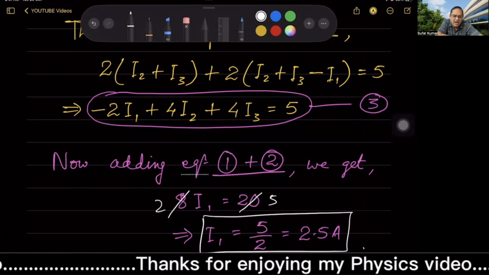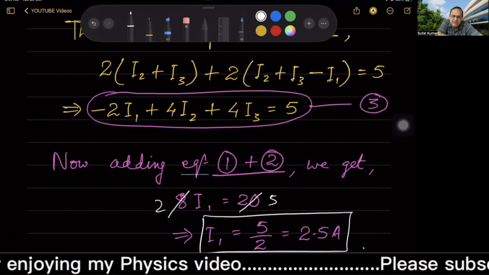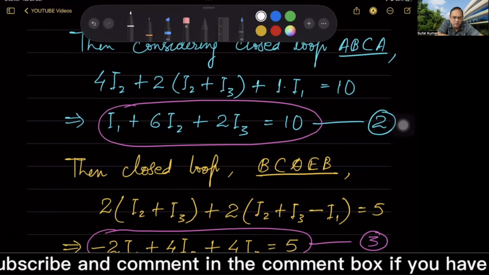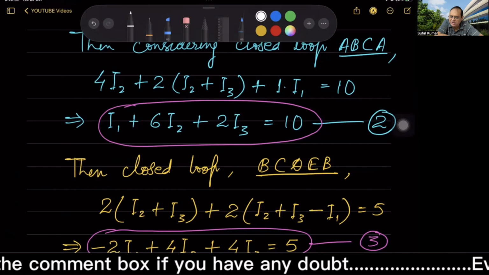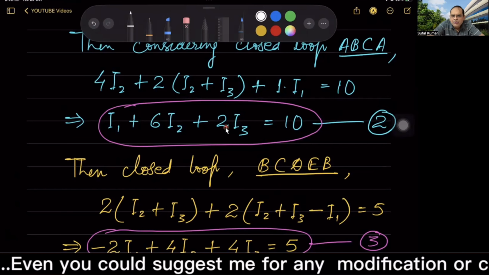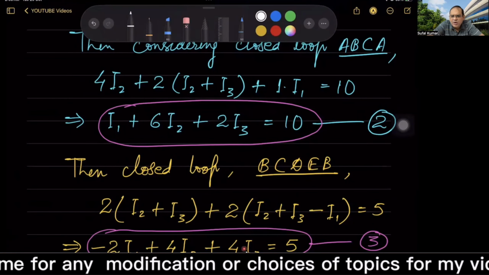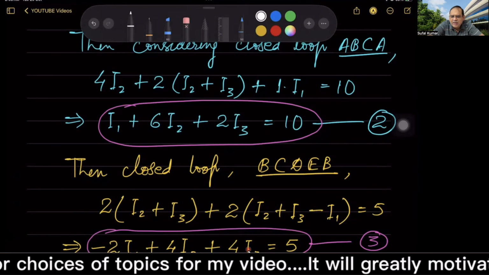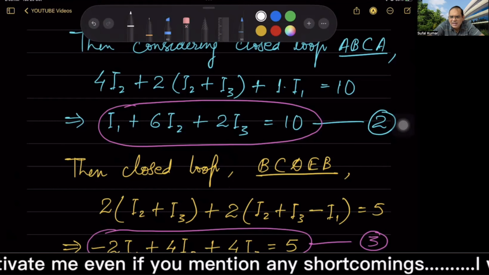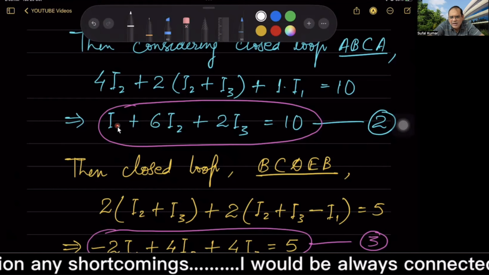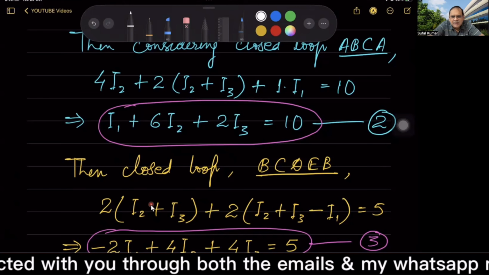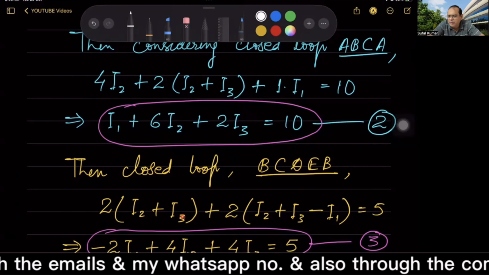Now remaining I2 and I3, what do we do? Let's do one thing. If we multiply equation number 2 by 2, then here we obtain 4I3 and here 4I3. So then we can subtract, and in the process of subtracting, this I3 will cancel out and only I1 remains, whose value we already have, that is 2.5, and this way I2 could be found.